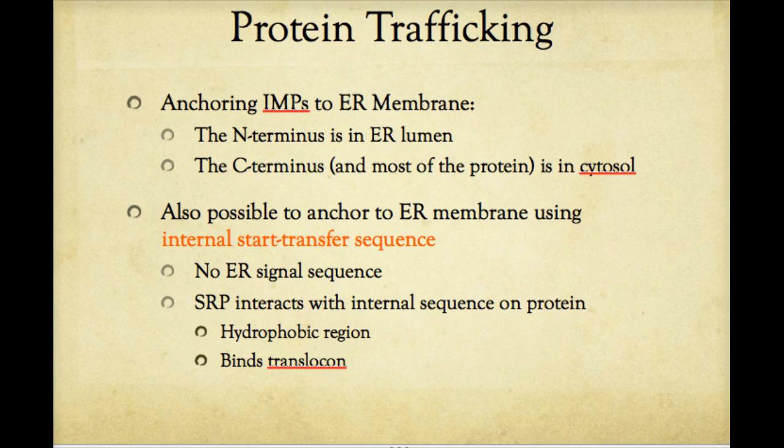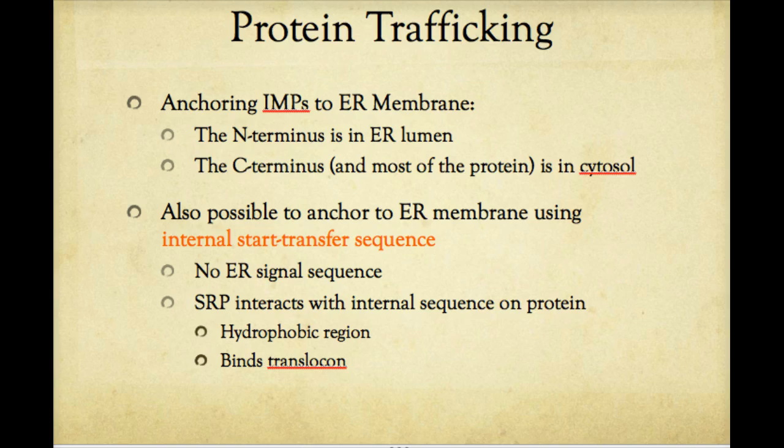So if we want to create an integral membrane protein, we're first going to put it into a piece of membrane in the ER. Okay? And for some proteins, we're going to end up with a protein that has most of its bulk outside the cell at the C-terminus side, and a small amount of it at the N-terminus side inside the lumen.